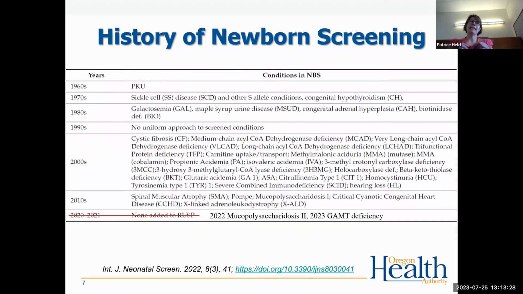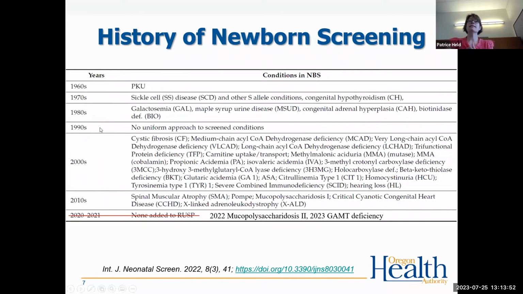Again, in the 1960s is when newborn screening began, and most states began to screen for only PKU. It wasn't until the 1970s that states started to add additional tests, additional diseases. Sickle cell disease was added, along with congenital hypothyroidism.